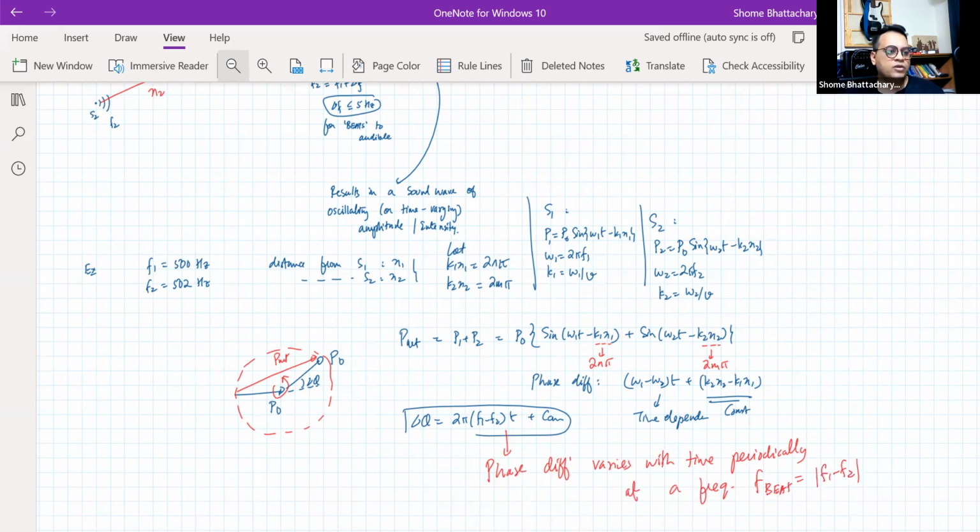I'm writing it with a mod because whichever one might be larger. So that means the net amplitude also varies periodically with time, with a frequency equal to what we call the beat frequency.